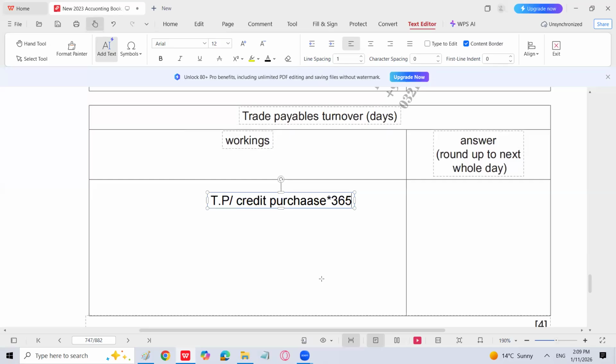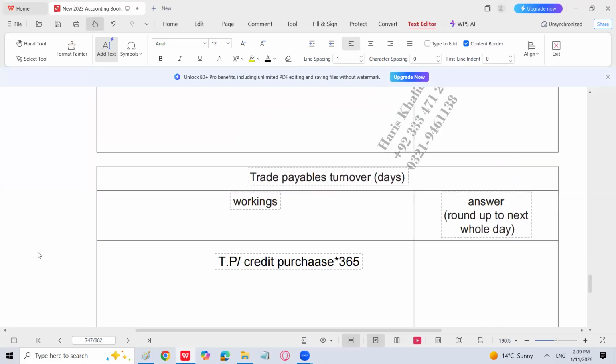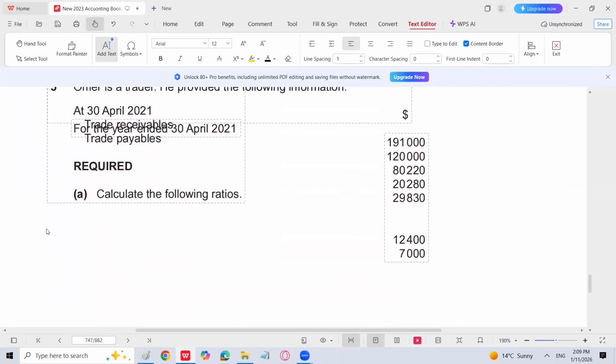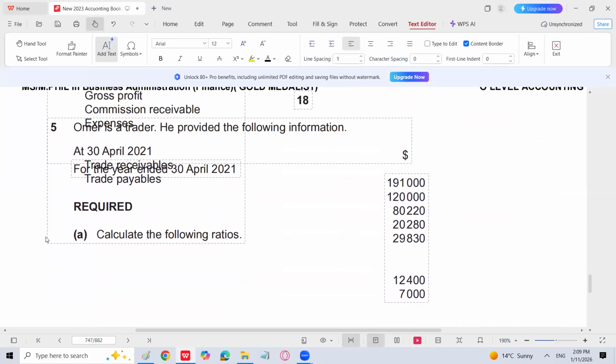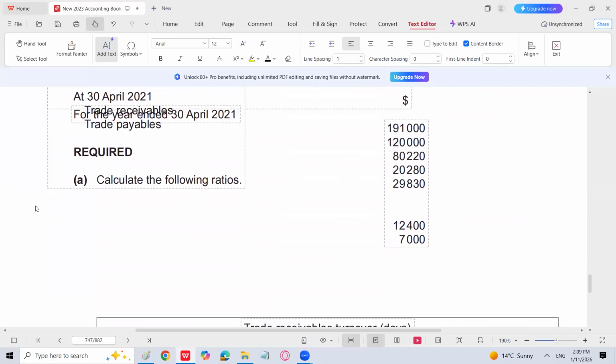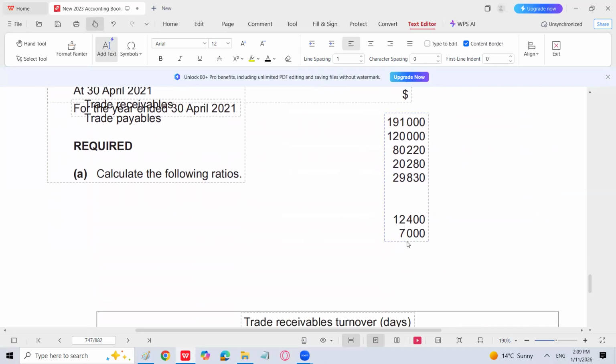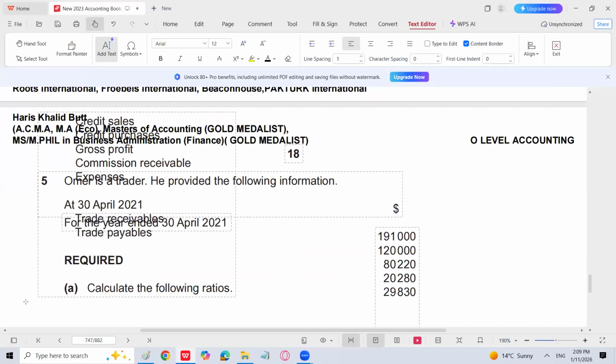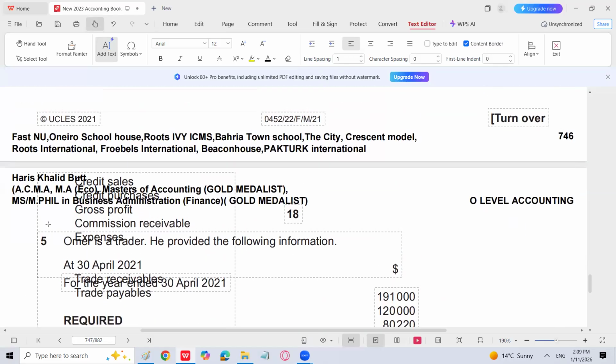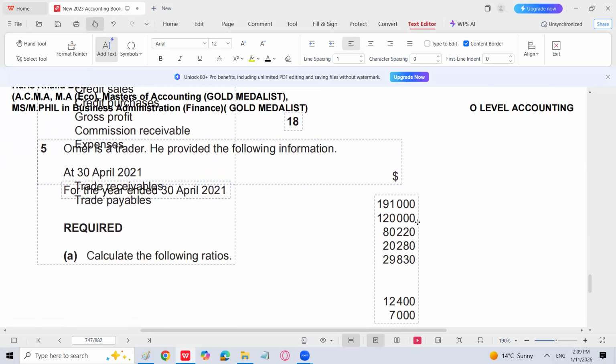So let's see what the amount of trade payables is. Trade payables are given, that is 7,000. And the credit purchases are going to be 120,000.